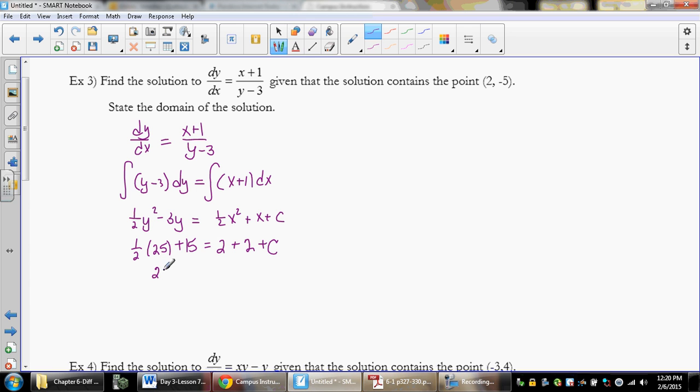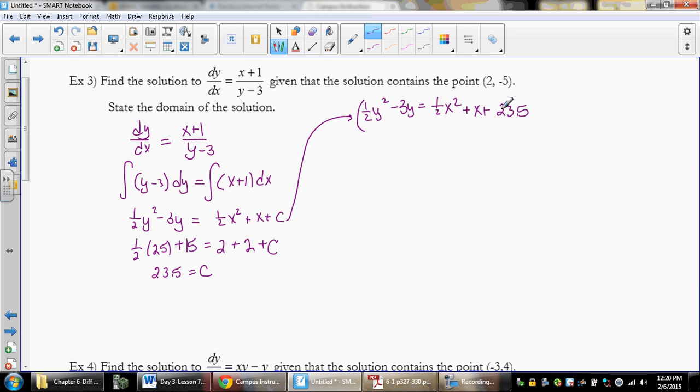Take away 4 is 23.5. So 23.5 equals c. So my equation so far is 1/2 y squared minus 3y equals 1/2 x squared plus x plus 23.5. All right, my next step is going to be to solve for y.